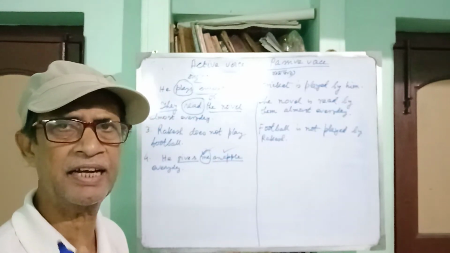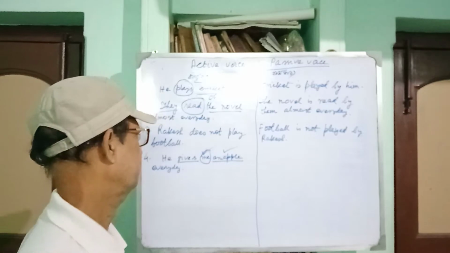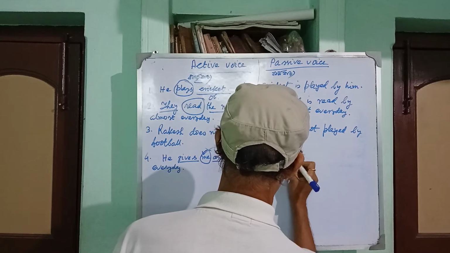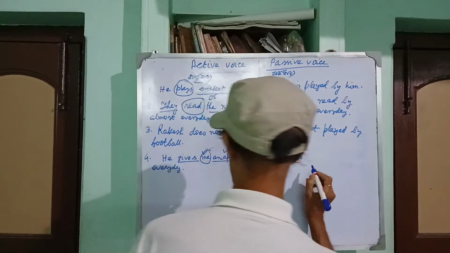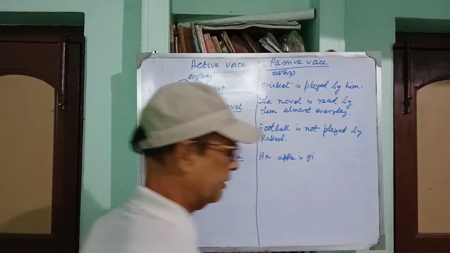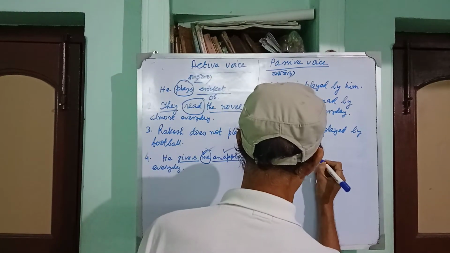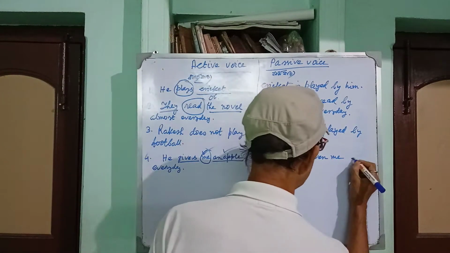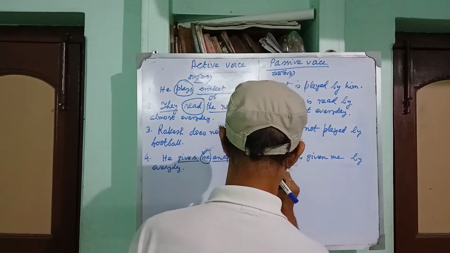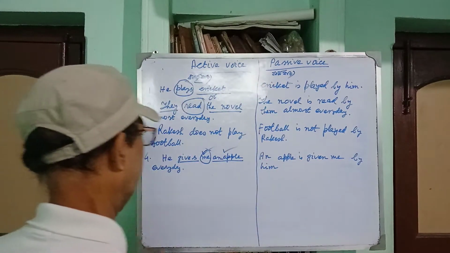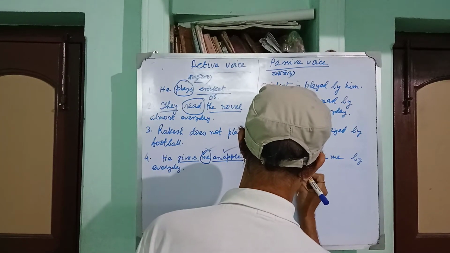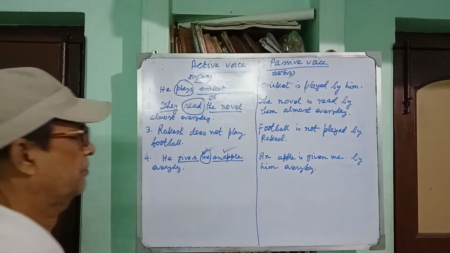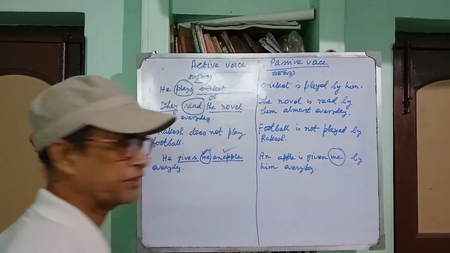And we may change this sentence in two different ways. For example, an apple is given me by him every day. Okay, let us take the other object.